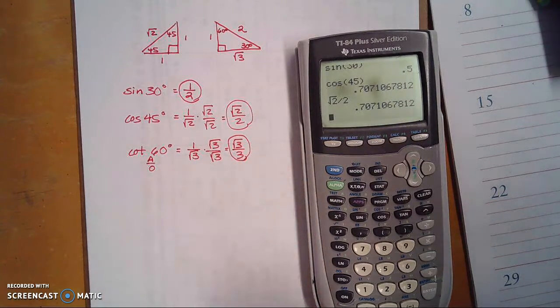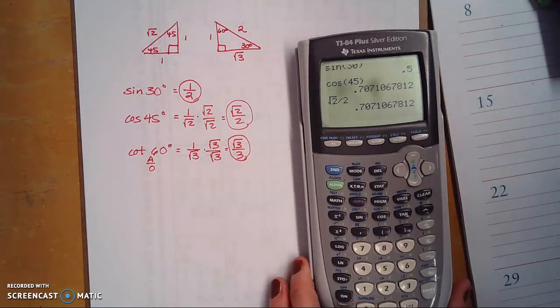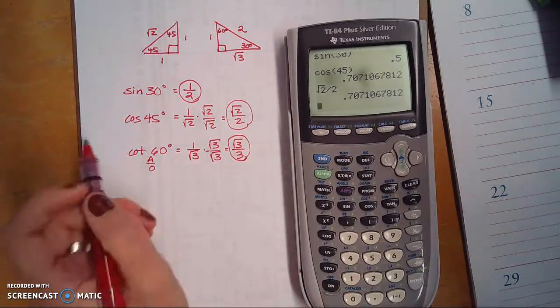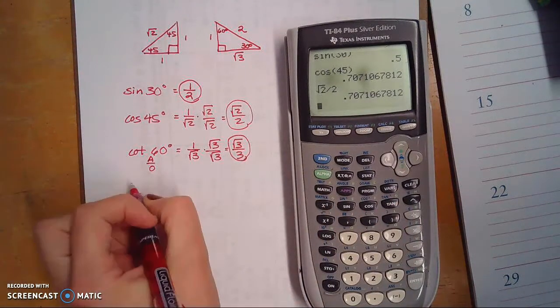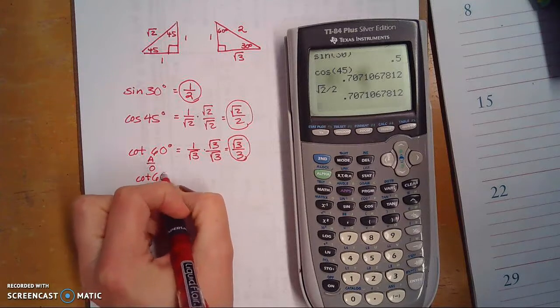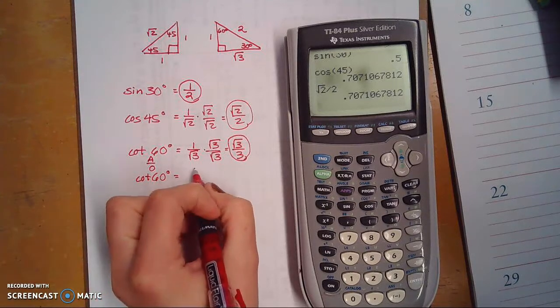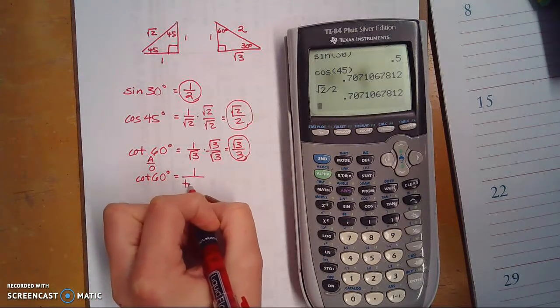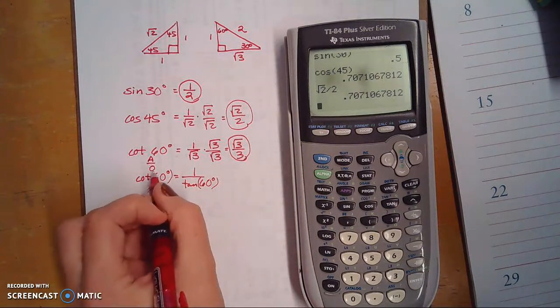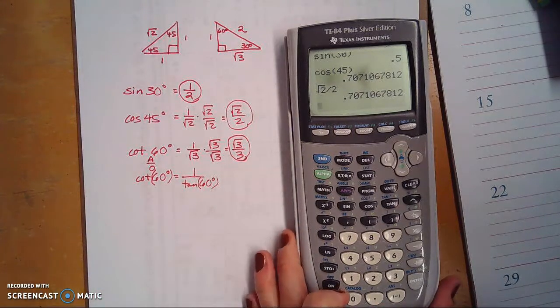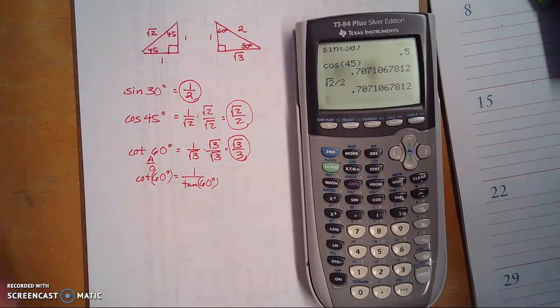Now, if I want to check this in my calculator, notice we do not have a cotangent button. So in order to check this, we're going to have to go back and relate cotangent to tangent. We know that the cotangent of 60 degrees is the same thing as 1 over the tangent of 60 degrees, right? So through reciprocals, which we had talked about last week, we get the same relationship.